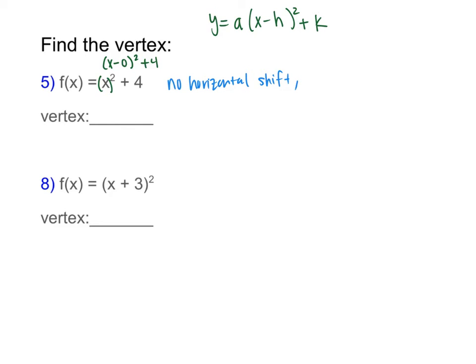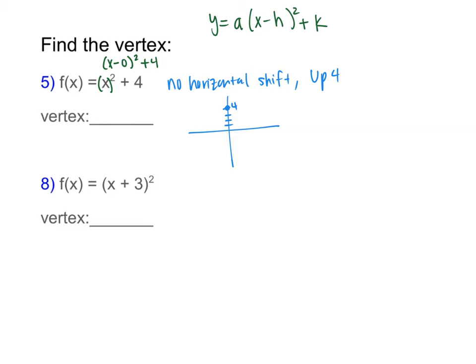But the outside has a plus 4, and so any number after the square being added or subtracted tells you your vertical shift. So this is a plus 4, so this is saying up 4. So if you were on your coordinate system and you didn't shift left or right, you would still be at the origin, but then you have to go up 4, get you right about there.